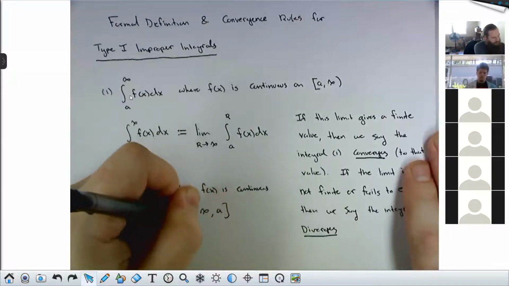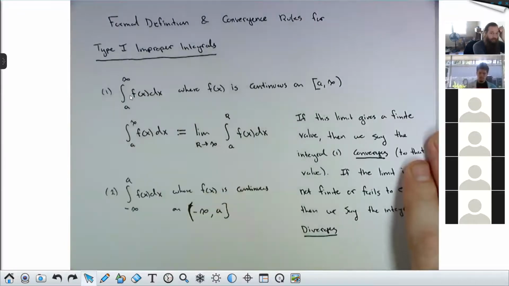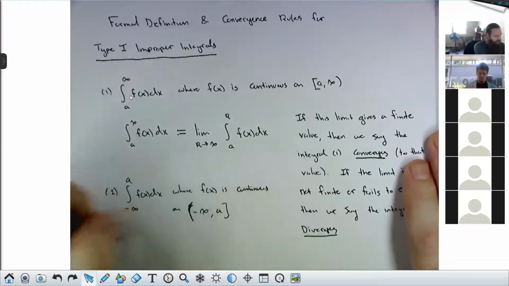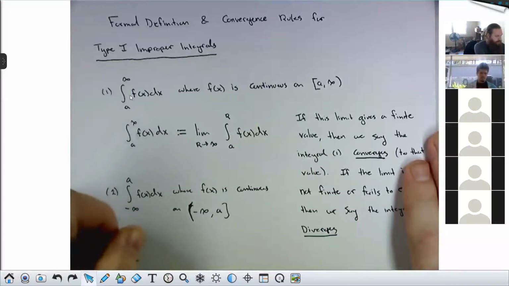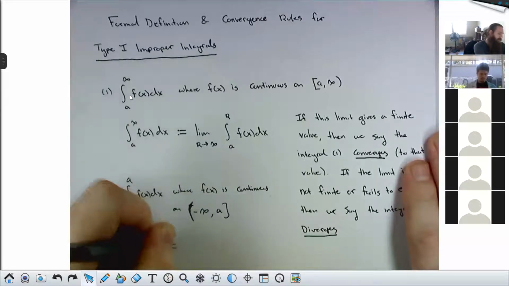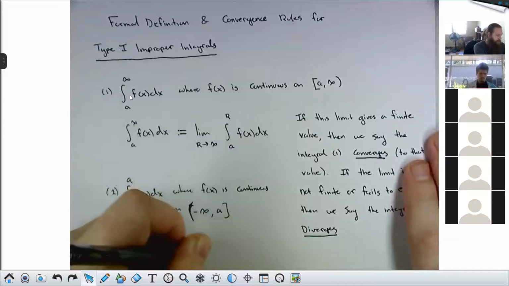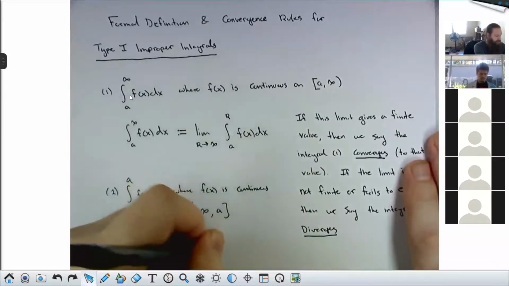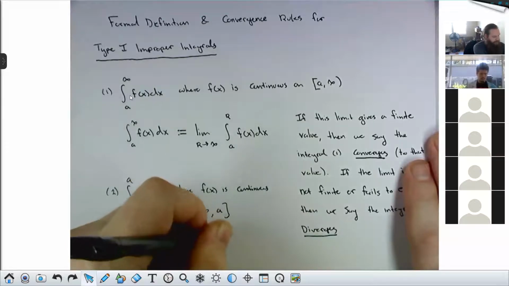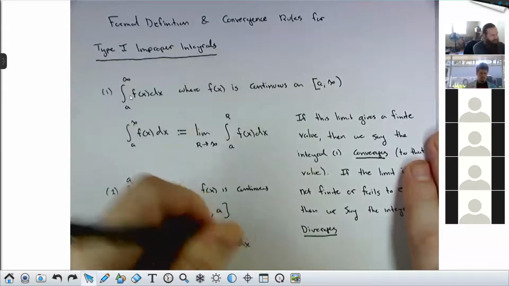This is an open parenthesis here. And the same rule applies here. In this case, we would define the integral from negative infinity to a of f of x dx to be the limit as r goes to negative infinity of the integral from r to a of f of x dx.